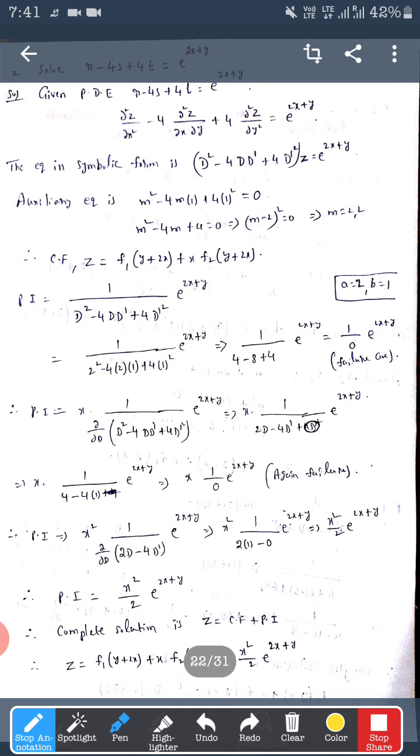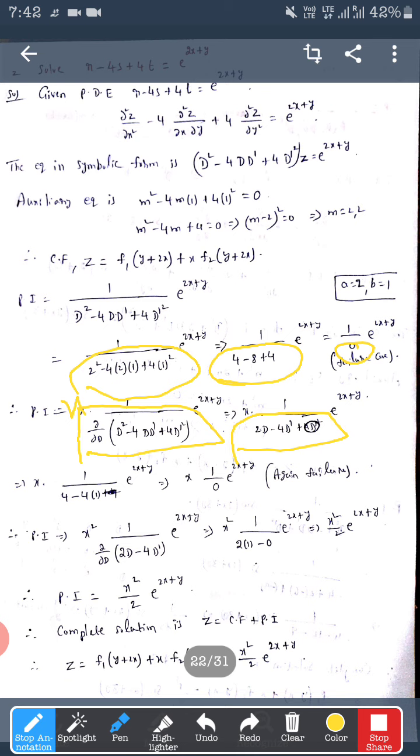That means whenever the denominator becomes 0, the simple thing we have to remember is that we have to write x and differentiate partially with respect to capital D. And again the same procedure will be repeated.